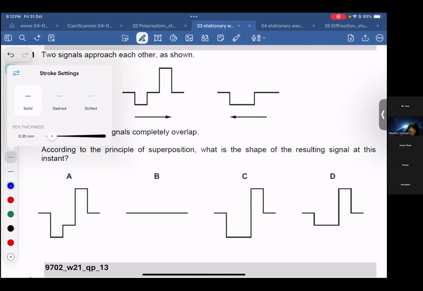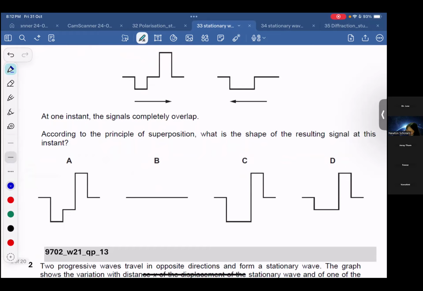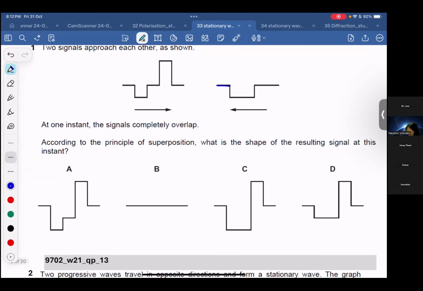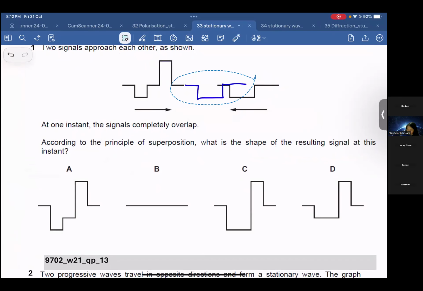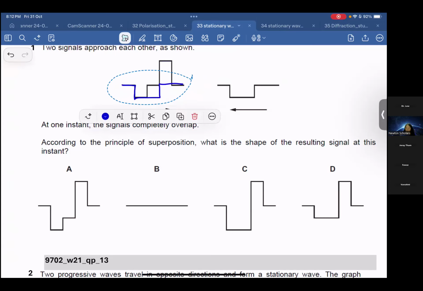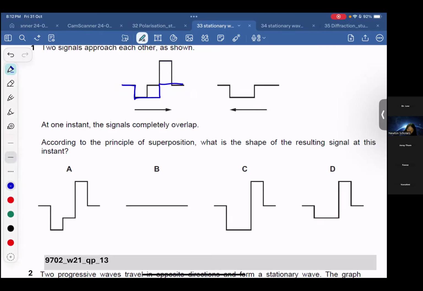Okay, I draw this out. Follow this, I draw it out first. Then I have to move this wave. Move until, assume that it's moving, and then it overlaps. When it overlaps, it's something like this. So here, ask myself, this one is 0 overlapping with 0, so I still get 0.